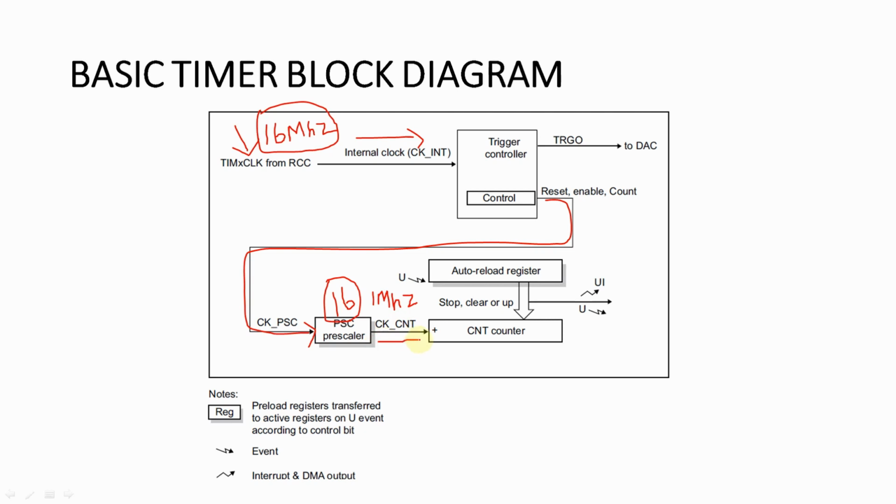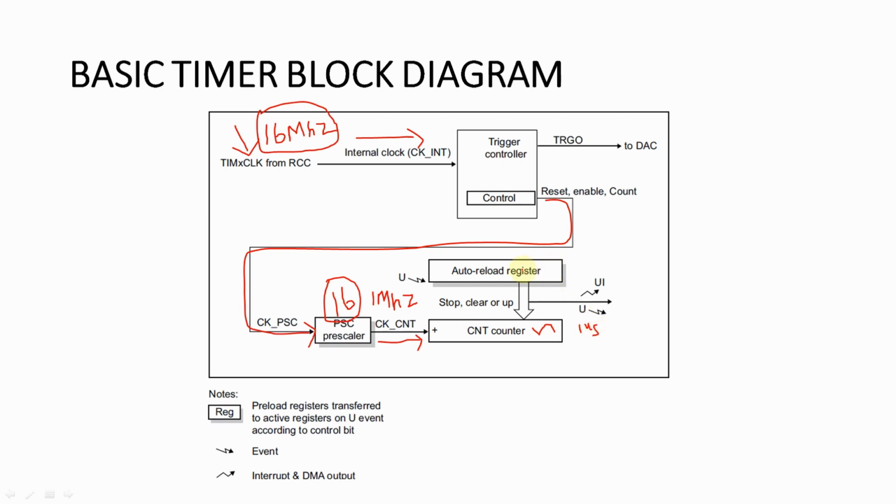After that the clock count reaches the counter register. Here is where the timer counting happens. Since the timer clock after the prescaler is 1 megahertz, the time period for each tick of the timer is 1 divided by 1 megahertz, which is 1 microsecond.